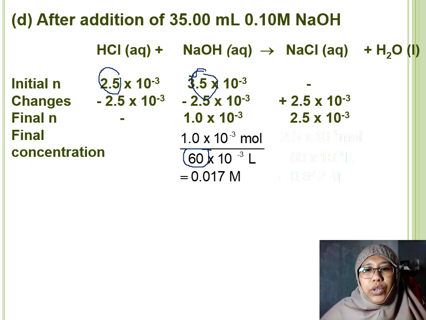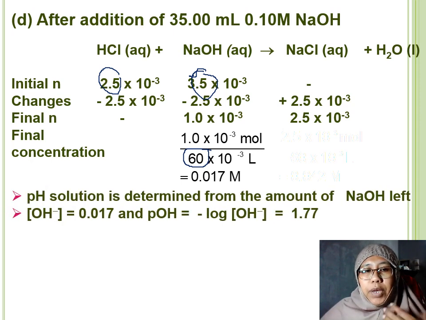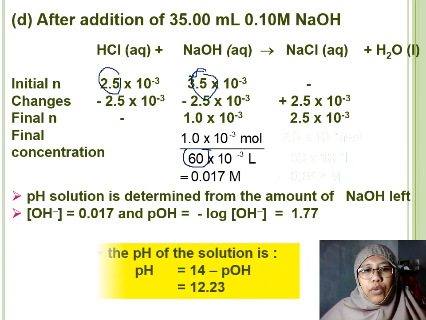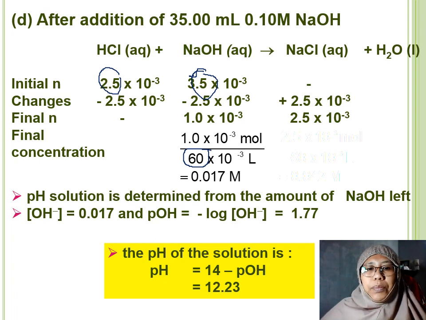The final concentration now is 0.017 molar. So basically, we are going to find the pOH first, which is 1.77, and then subtract it from 14, and we got pH 12.23.